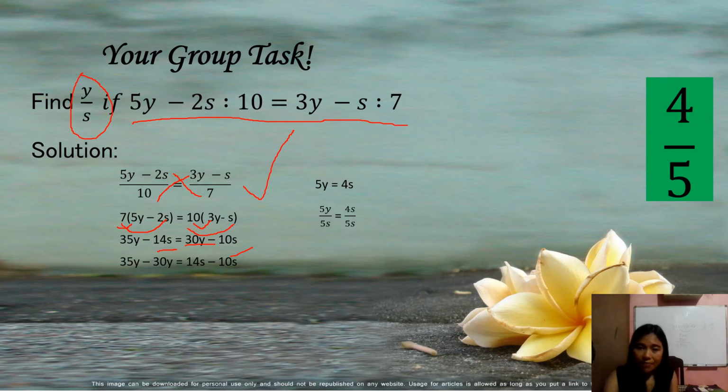Because by virtue of dividing by 5s, we can cancel out the 5 and end up with y over s only. And also, we can cancel out s on the other side, and then come up with 4 over 5. Okay, so there you go. The ratio of y to s is 4 to 5.